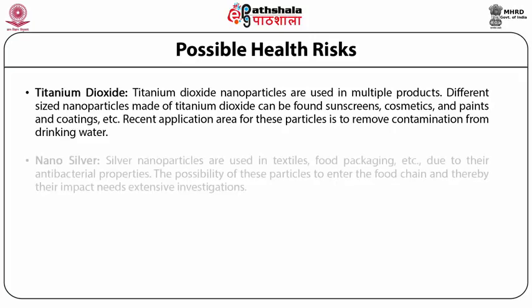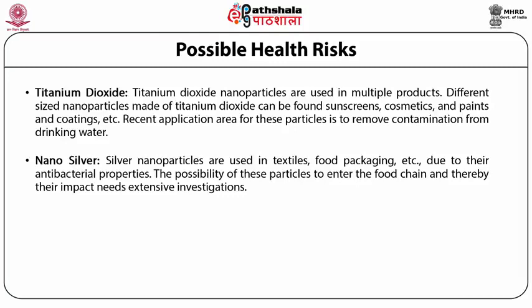Next is the nanosilver. Silver nanoparticles are used in textiles, food packaging, etc. due to their antibacterial properties. The possibility of these particles to enter the food chain and thereby their impact needs extensive investigations.